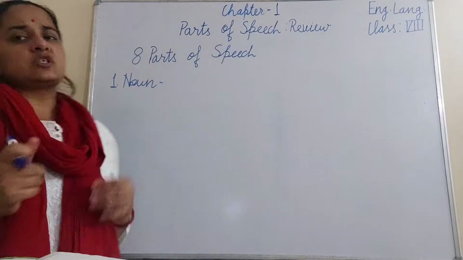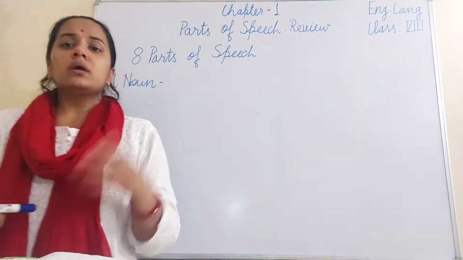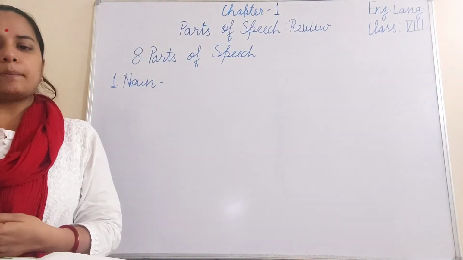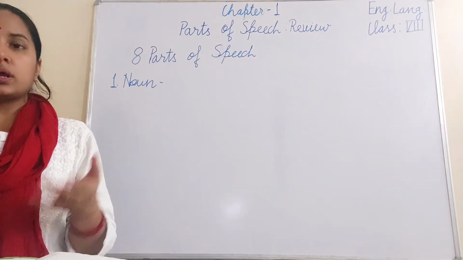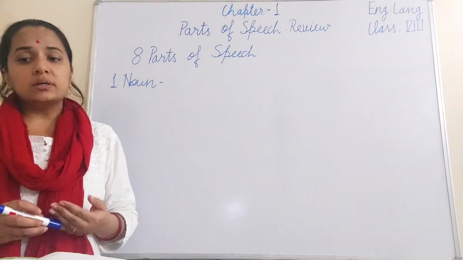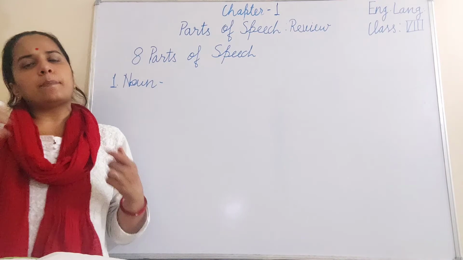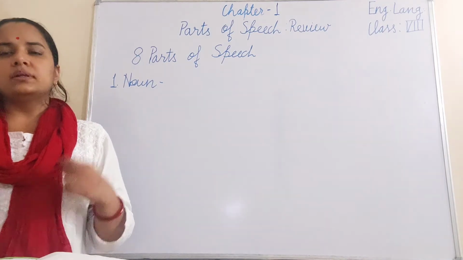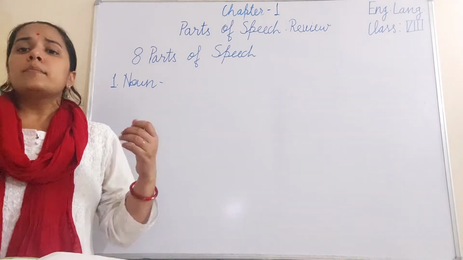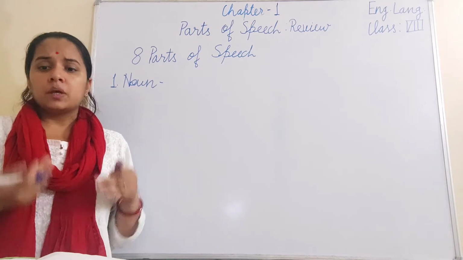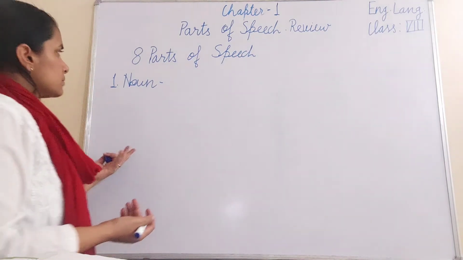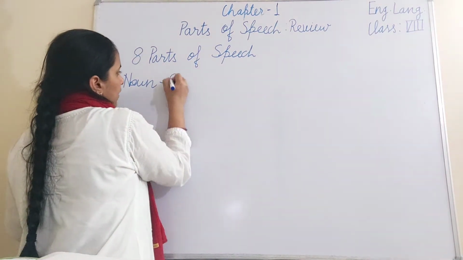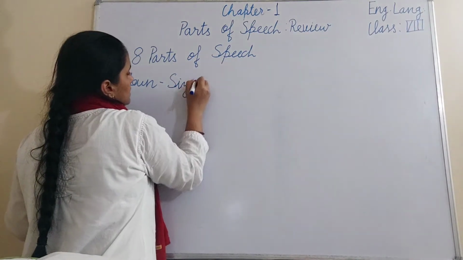All of you must have been learning about the noun since you started learning the parts of speech. What is the noun? Noun is a word which refers to a person, place, animal, thing, idea. Means any name we give. So suppose if I'm writing Sia, this is a name.